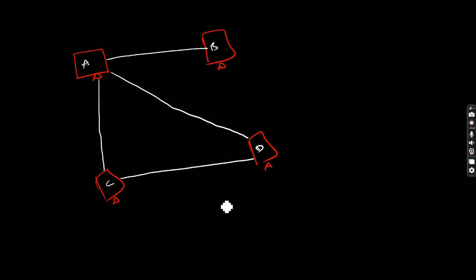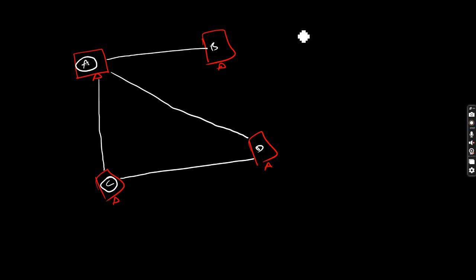You know what? Right now this particular PC A is connected to all other PCs in the network. But what about PC C? It is connected to just A and D. D is connected to just A and C. D is not connected to B here.